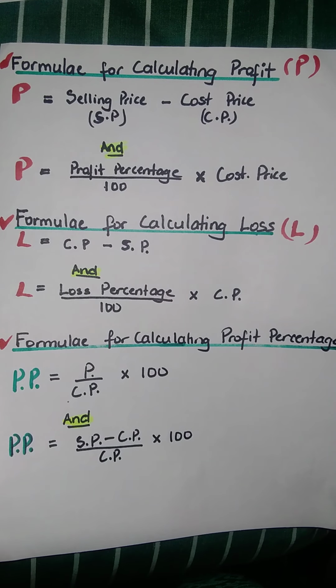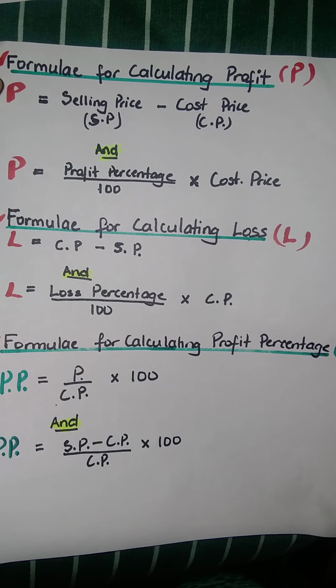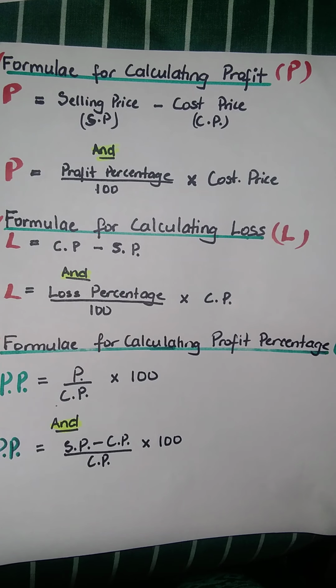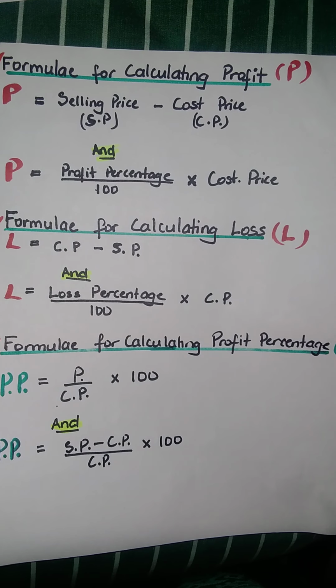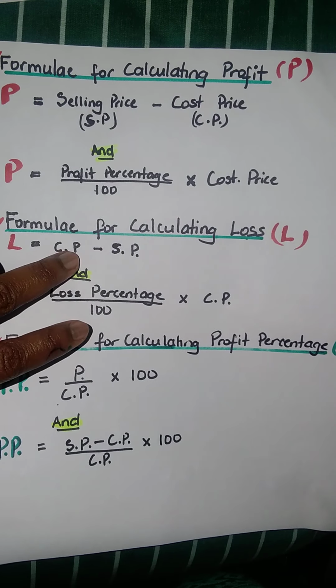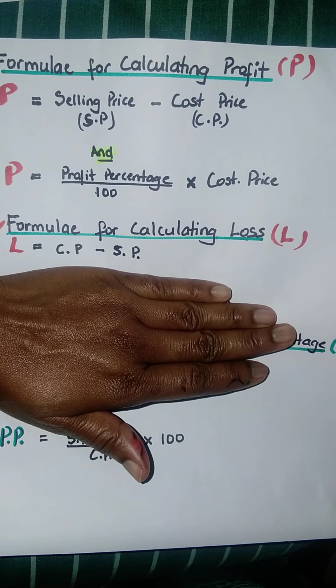Students, it is very important for you to know what the question gives you, for you to know which formula to use. You can't go ahead and use something that the question doesn't give you. For example, can you use this formula if you were given the loss percentage?